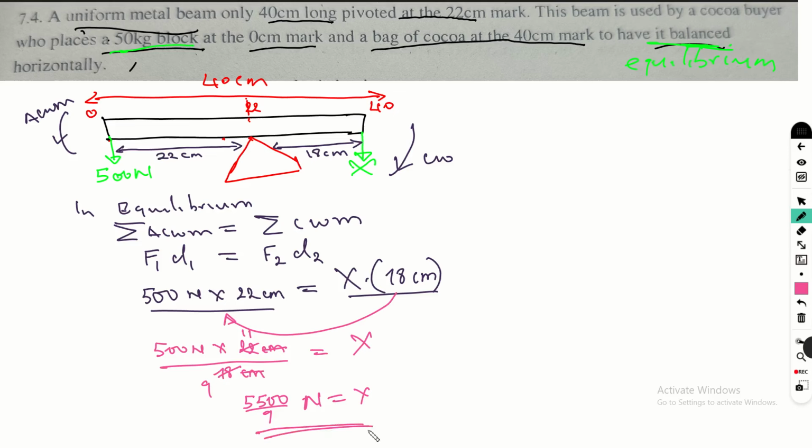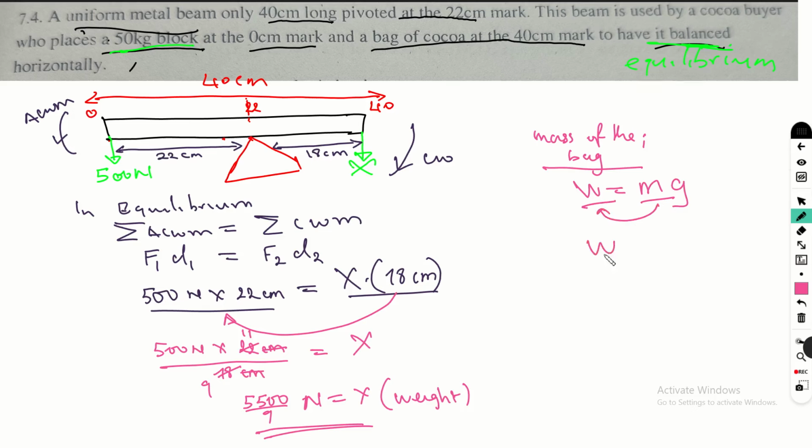But now, this value is weight. But what now is the mass of the bag? You're going to use a formula. Weight is equal to mass times gravity. To make mass the subject, you have weight over g is equal to m.